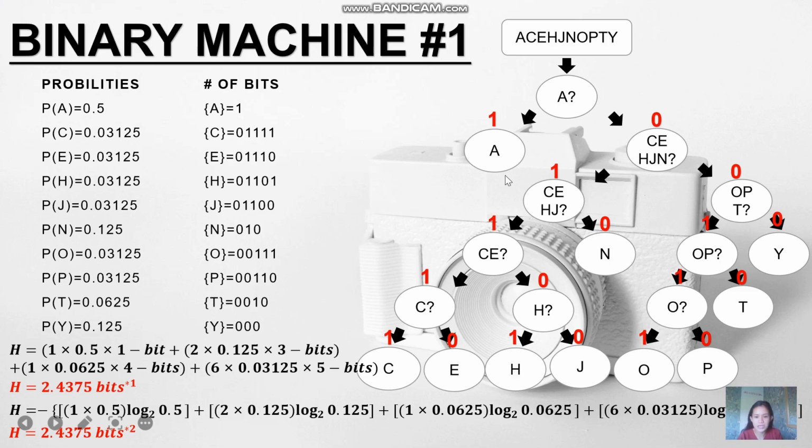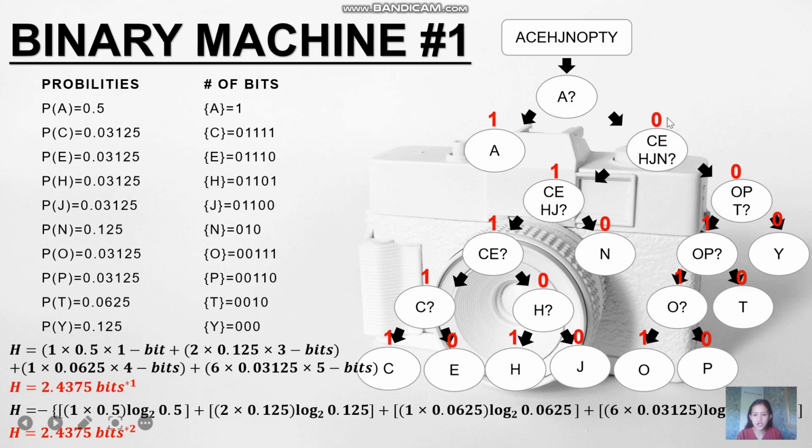And then start with C. C has 0, 1, 1, 1, and 1, so there's a total of 5 bits. So 2 raised to negative 5 will be 0.03125. For the E, we have 0, 1, 1, and then 1, and then 0, so that will be a total of 5, still 0.03125.